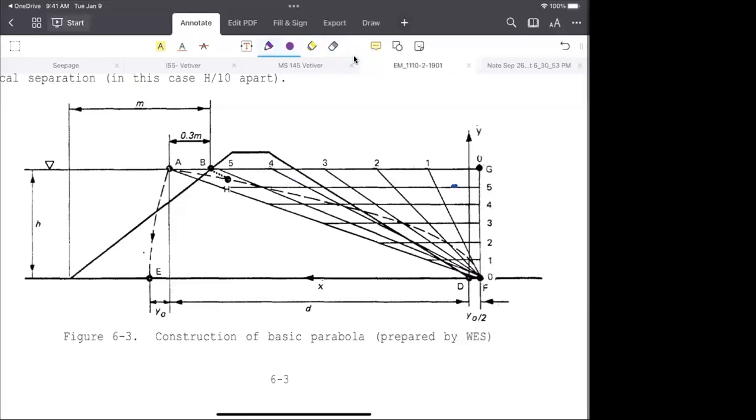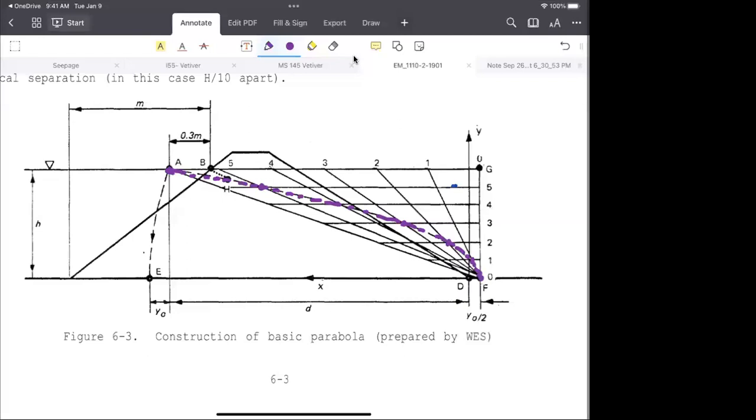So basically, we have this point, 4, 4, right? 3, 3, 2, 2, 1, 1, 0, 0, right? So let's say we have this point like this, but we need the original point.